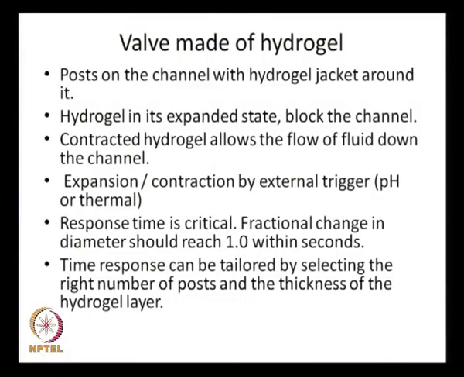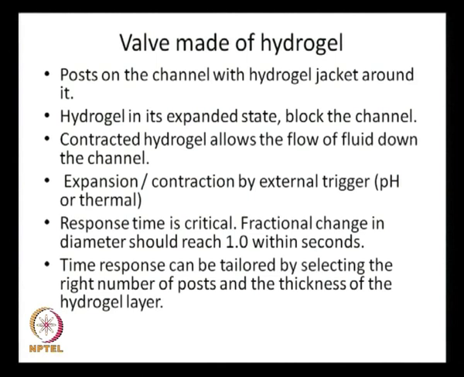So, these are some of the things you can accomplish in microscale, but it may not be very easy to accomplish, and we should be looking out for other alternatives available in microscale, and that alternative is this valve made of hydrogel.